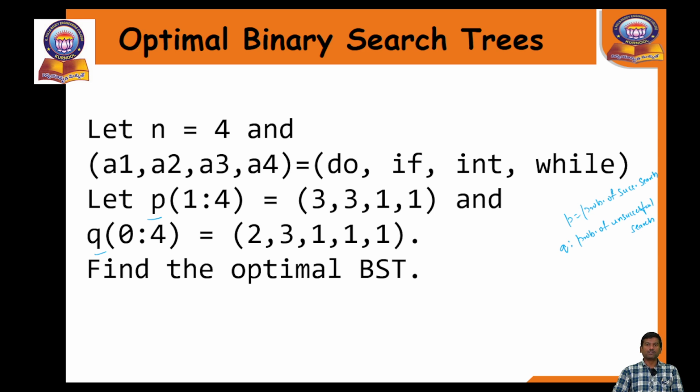And you'll also be provided with the probability of successful search and the probability of unsuccessful search. The probability of successful search is given by the letter P, and the probability of unsuccessful search is given by the letter Q. And you need to solve the optimal binary search tree problem for this.